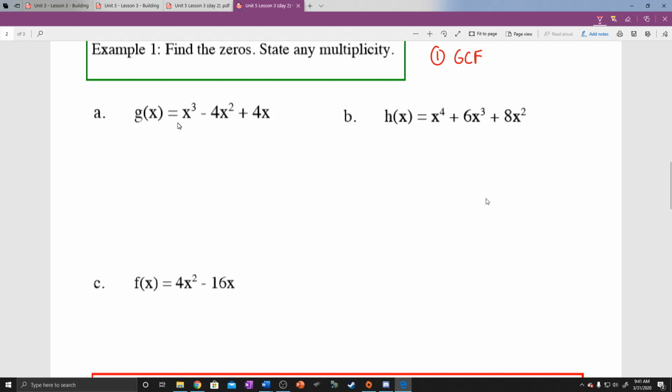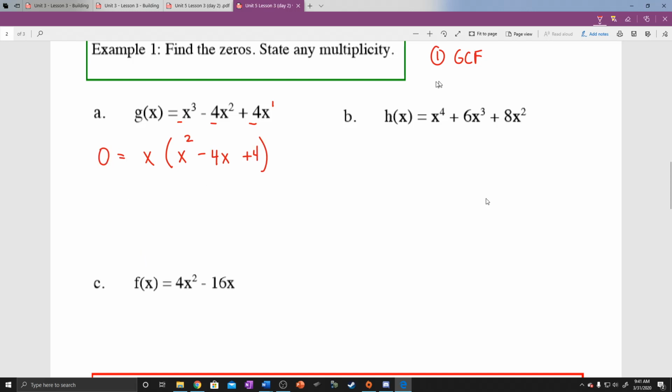Well, the coefficients don't really have a GCF, but the variable, we can pull out 1 factor of x. So at most we can factor out 1 factor of x. We'd be left with x squared minus 4x plus 4, and that's equal to 0.